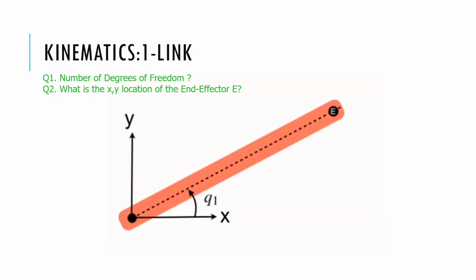Oh, sorry, I think this is supposed to be cosine. You could convert this into a matrix format there. And so we could use geometry to figure out where the end effector is. I think this may not be 100% right there, but we can use geometry to figure out where the end effector is and figure out the joint angle. So that's going to be kinematics. Given the Q values, where's my XY location in space there?